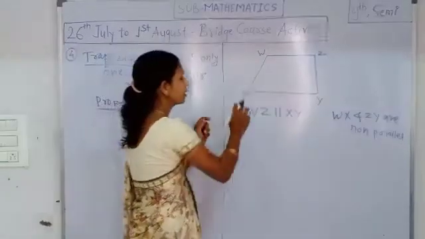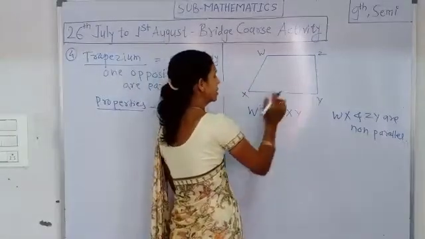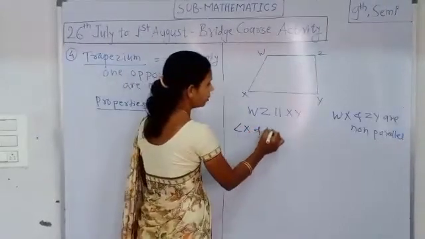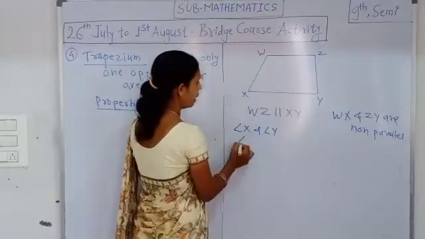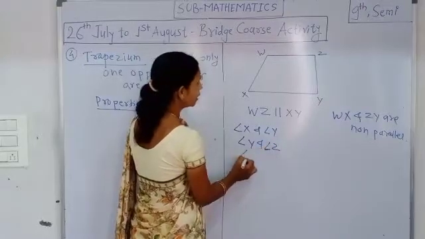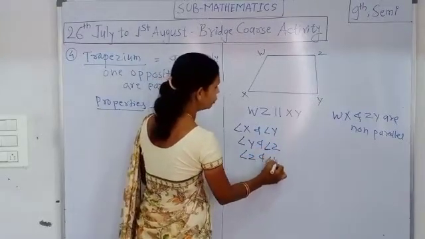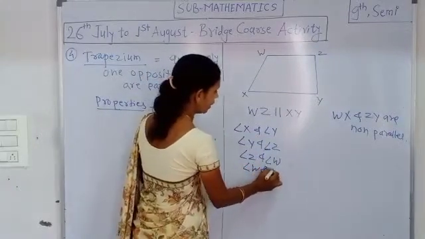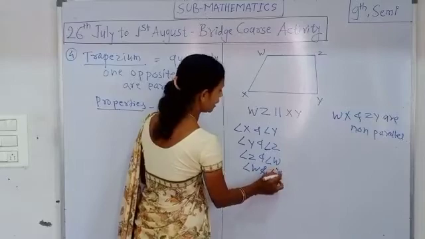One more property related to the trapezium is that there are four pairs of adjacent angles. Angle X and angle Y are adjacent, angle Y and angle Z are adjacent, angle Z and angle W are adjacent, and angle W and angle X are adjacent.